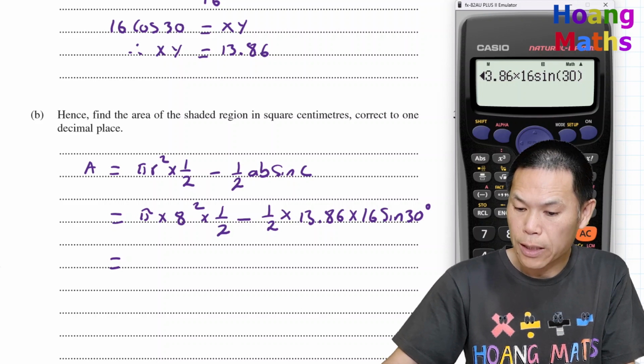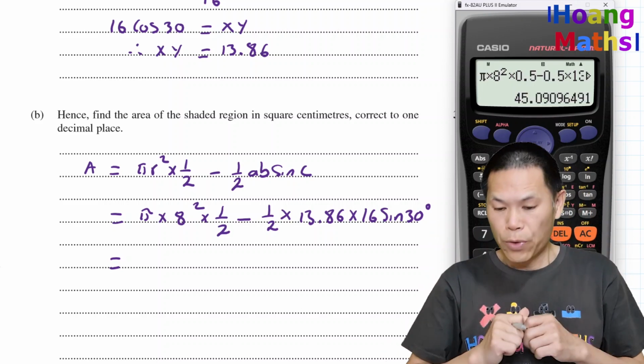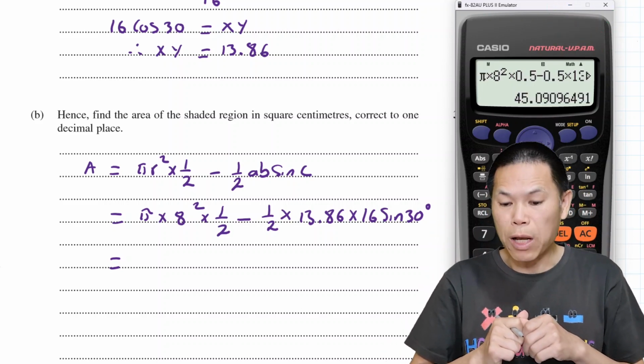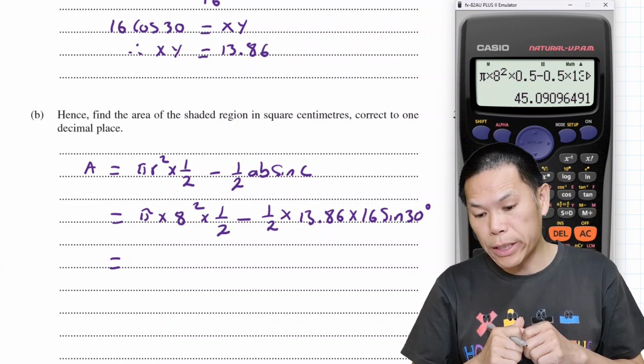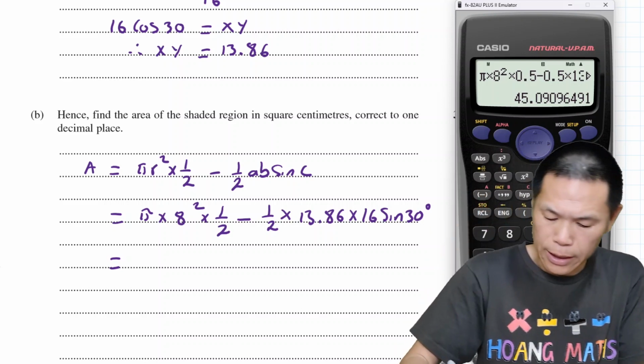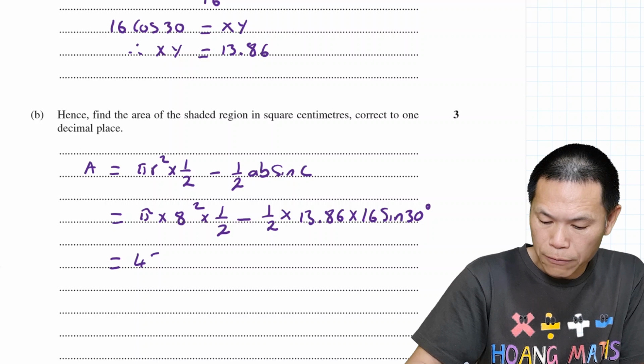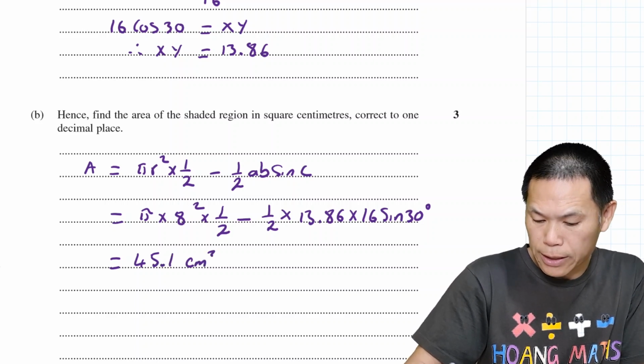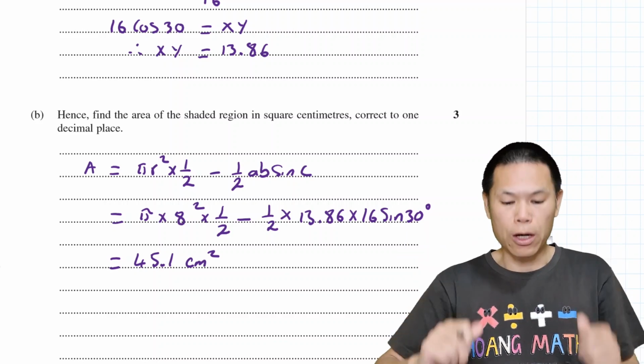Close brackets. So there you go. Correct to one decimal place, 45.1. So the answer is 45.1 square centimeters. So there you go.